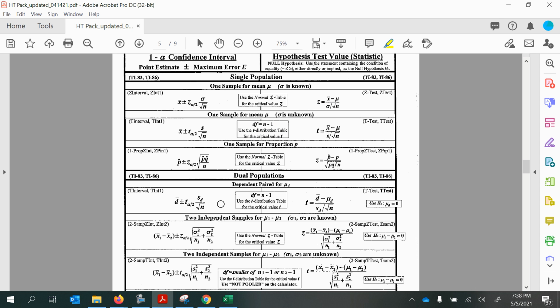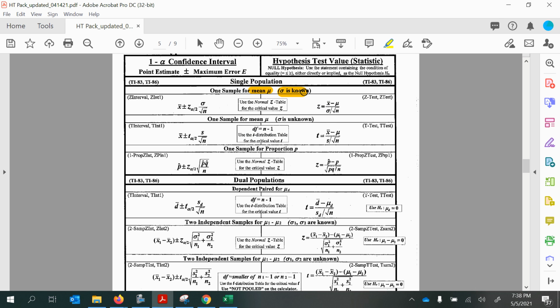Notice that if we're doing a mean with sigma known, it's going to be a Z. If it's a mean with sigma unknown, it's going to be T. If it's for a proportion, it's going to be Z. And if it's paired data, it's also going to be T. So you can really use this form to help you know which sampling distribution you should be using.